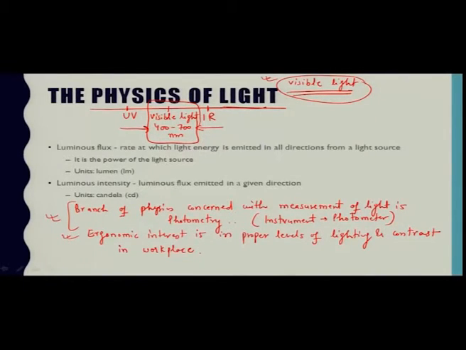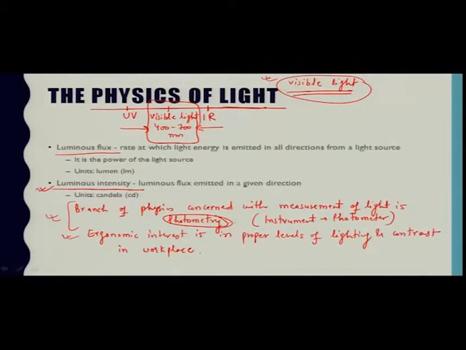So in particular, this photometer measures the luminous intensity that is emitted by a source of light or reflected from the object surface. The basic quantity in photometry is luminous flux.